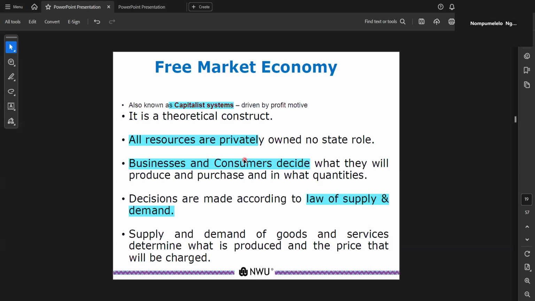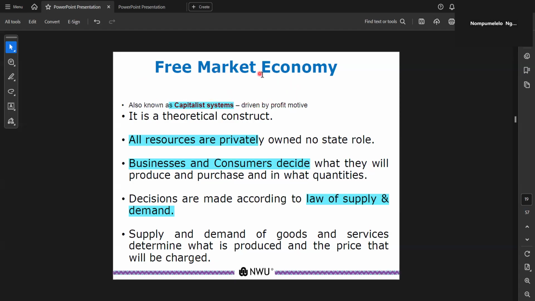A free market economy is also known as a capitalist system, meaning that they are profit-driven. Obviously, free market economies are usually owned by individuals. So if you are an individual and you own a business, the aim is to make a profit. They are a capitalist system because they are driven by profits. That's their motive.